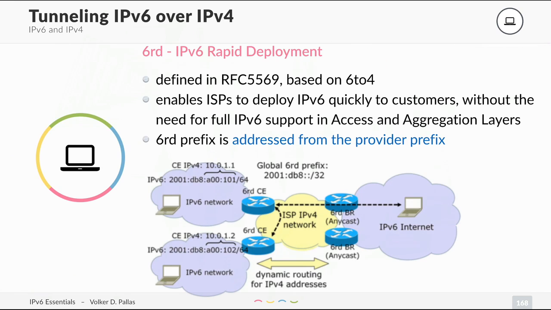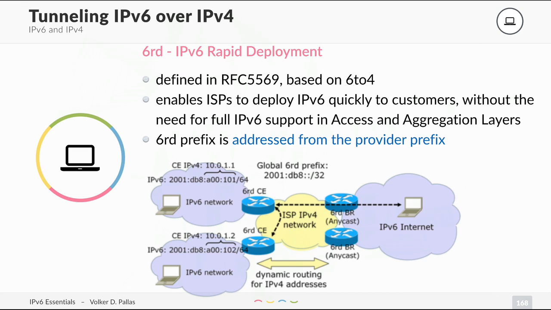Another option is 6RD, IPv6 Rapid Deployment, which is mainly used by providers. It is defined in RFC 5569 and loosely based on 6to4. It enables ISPs to deploy IPv6 quickly without the need for full IPv6 connectivity in their backbone. You only need IPv6 on the CE routers, the routers that are closest to the customer, and you don't need it in the whole backbone.